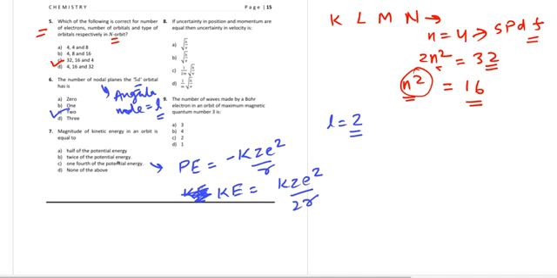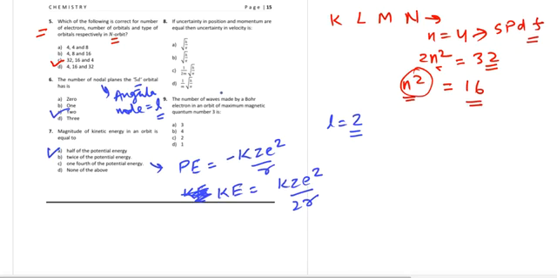So we have to check only the magnitude of kinetic energy. So the magnitude of kinetic energy will be half of the potential energy, so you neglect the sign. Half of the potential energy is kinetic energy. So the answer will be A in this case.